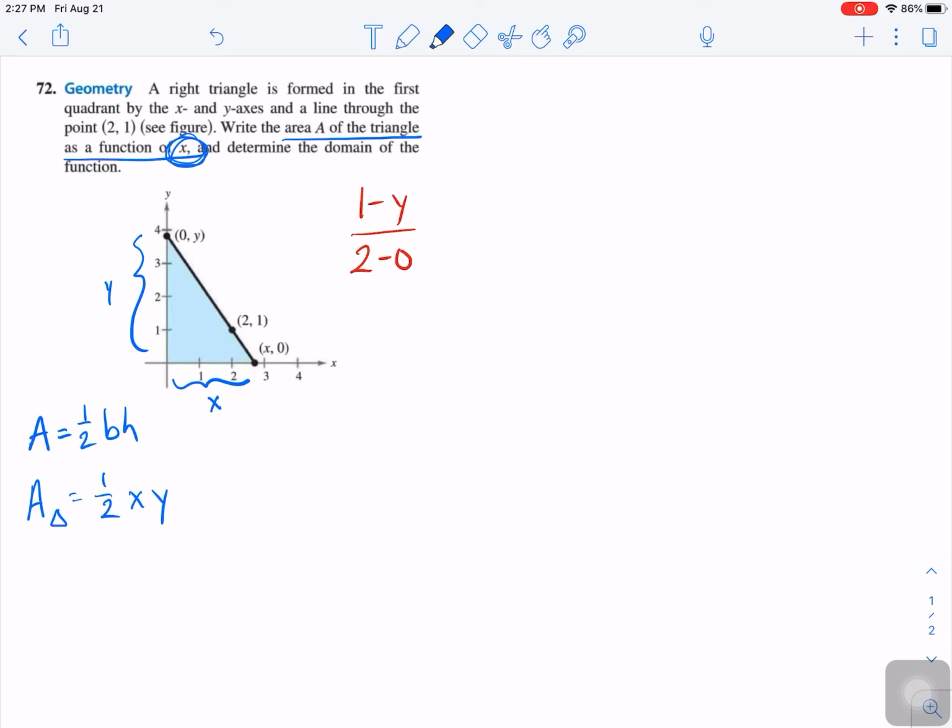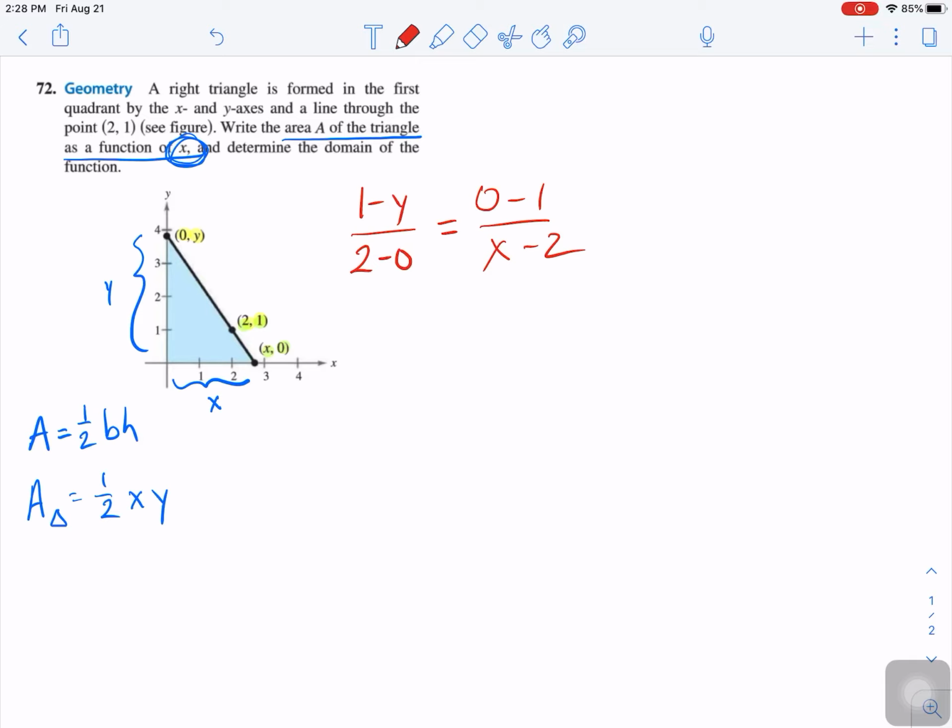I'm using rise over run, the change in y over the change in x. And that is equal to, now going with 0 minus 1 over x minus 2.